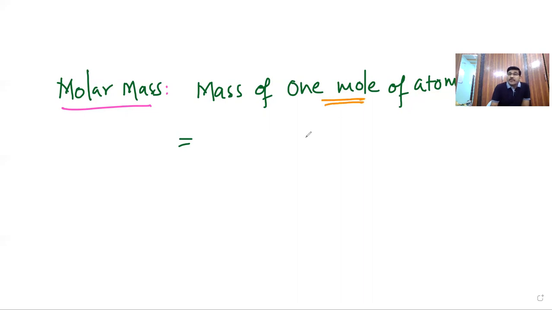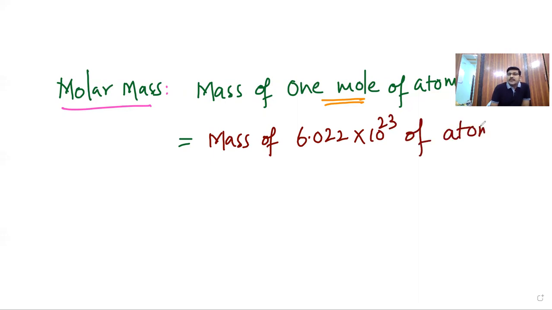Avogadro number, 6.022 into 10 to the power of 23. So indirectly, I can also write the mass of 6.022 into 10 to the power of 23 atoms. Clear? The mass of 6.022 into 10 to the power of 23 atoms is known as molar mass.